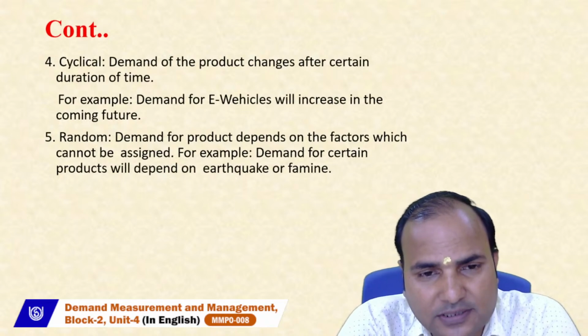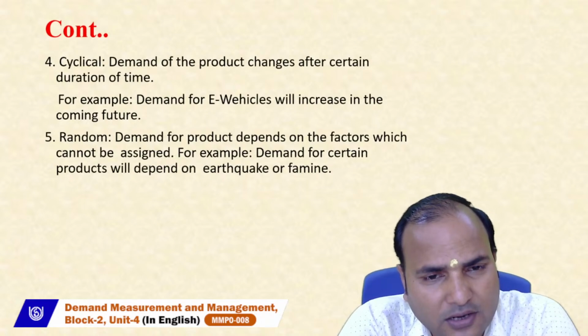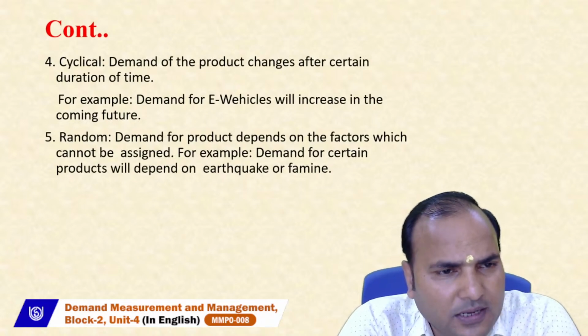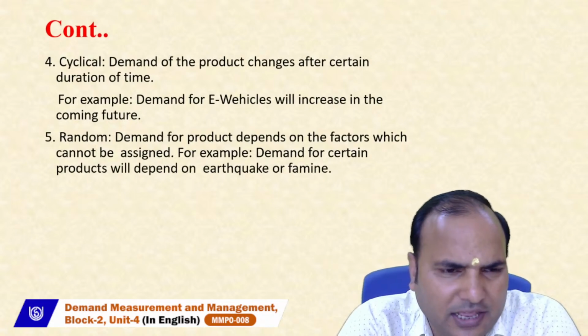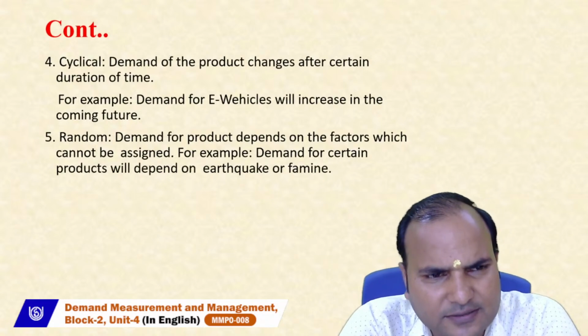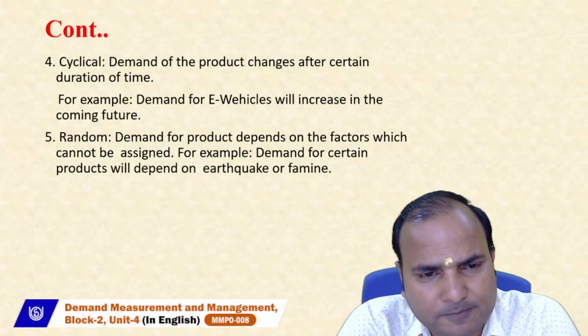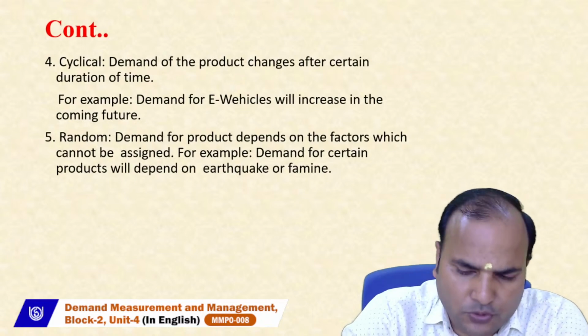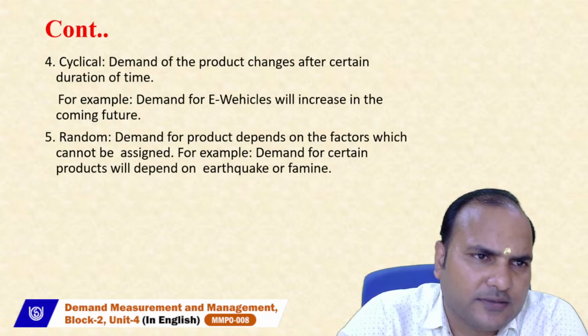For example, the demand for certain products may depend on an earthquake or famine. It is not certain. It depends on certain events, certain incidents. It may happen randomly. It is not a regular activity. Okay, so these are the different demand forecasting methods.